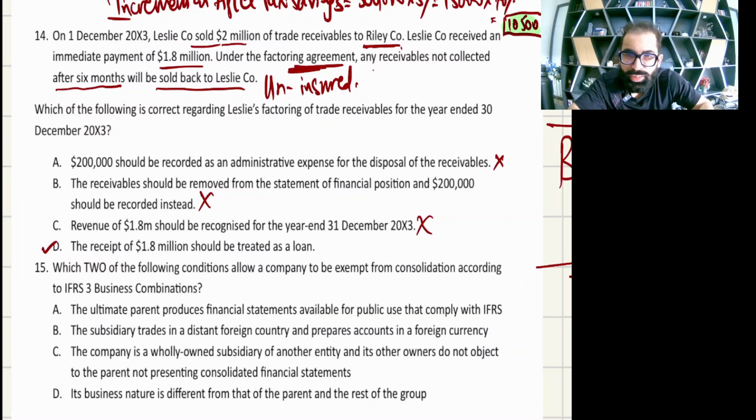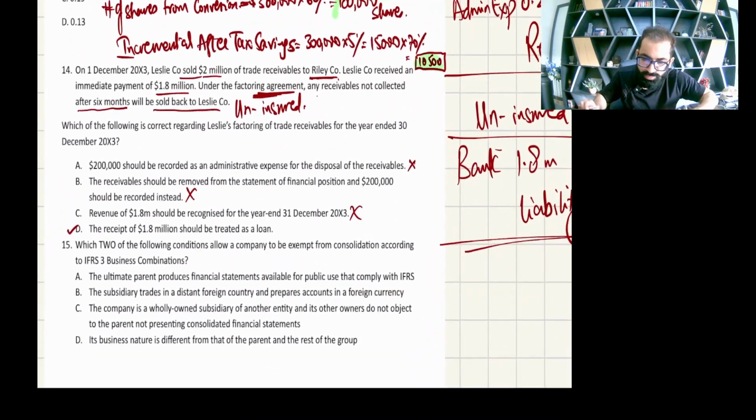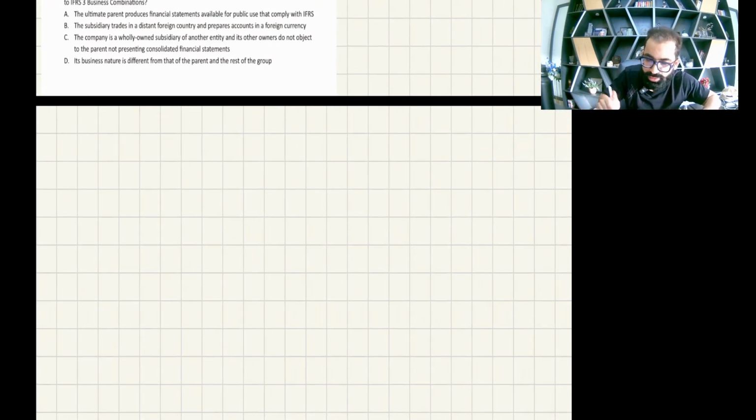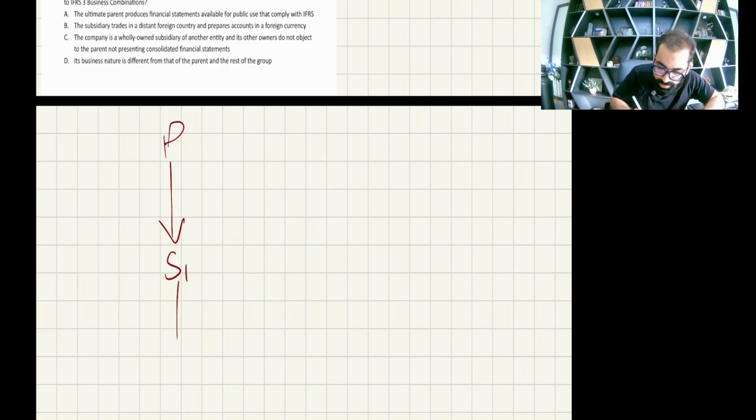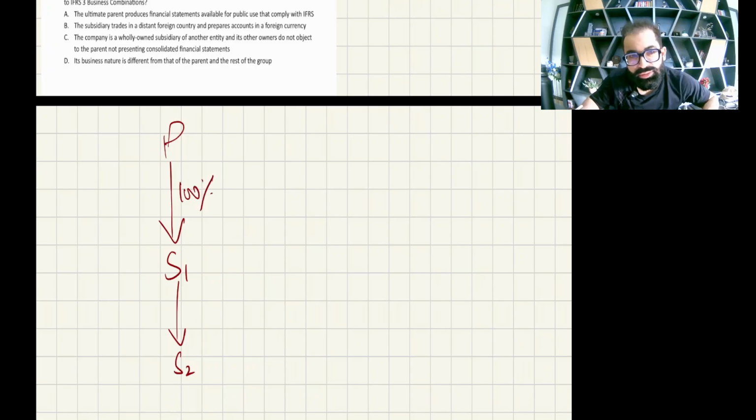Now just one last question is left, and that is related to IFRS 3. Let me recall you, there is a topic with the name of exemption from consolidation. Listen, this is parent, this is S1 and this is S2. If you have taken my classes, you must remember that this subsidiary one is also a parent in this case.